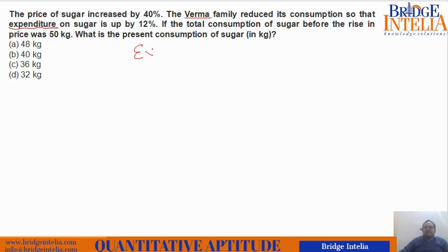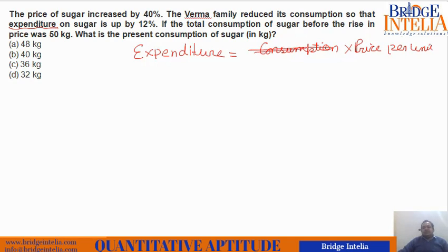So what is expenditure? How much do you expend? This depends on two things: the quantity you are consuming, or consumption, and the price per unit. So technically it's better to write quantity consumed into price per unit.